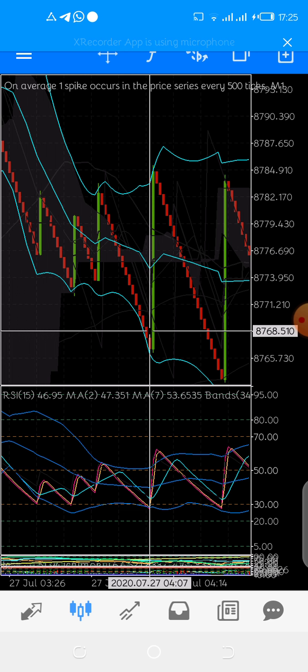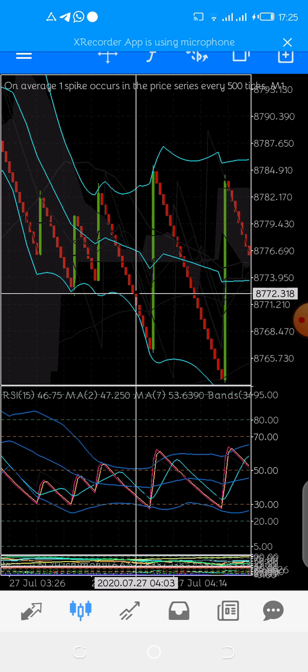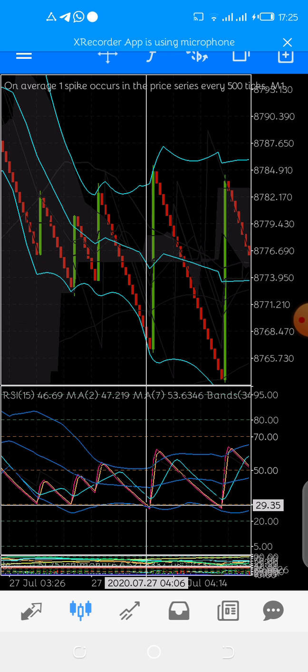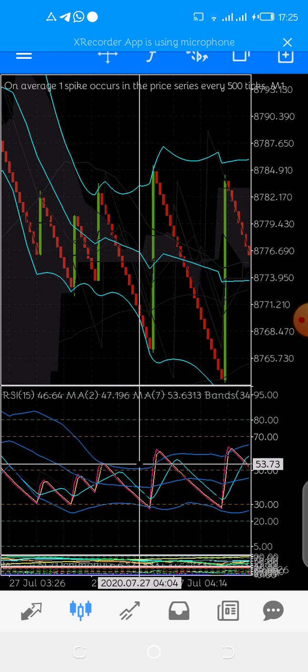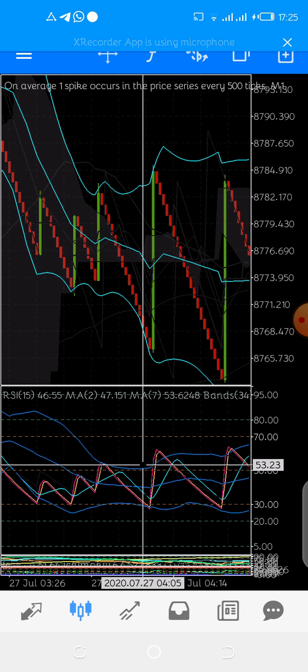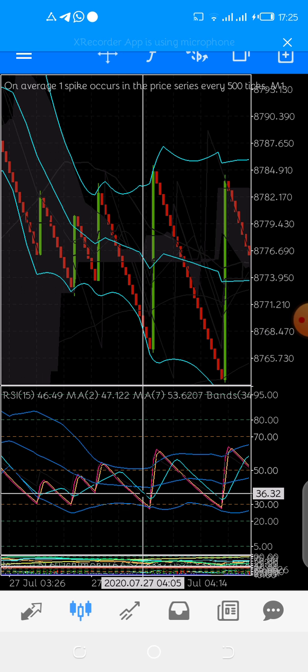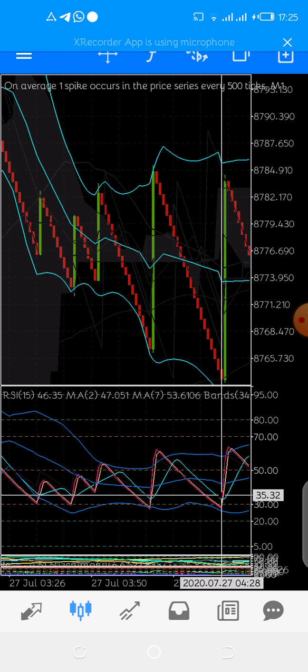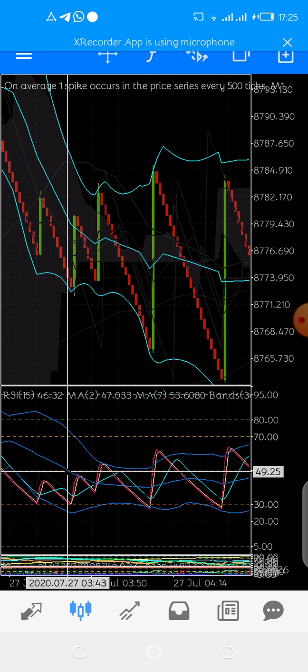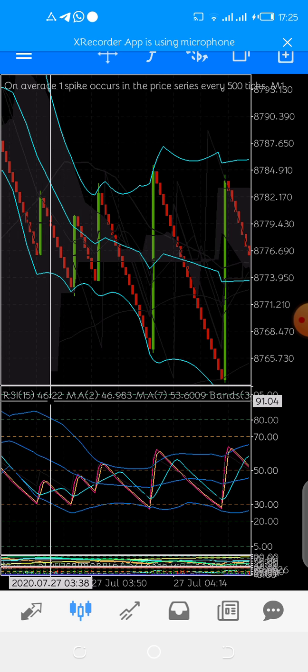It touched the lower Bollinger Band and it spiked. Anytime you have something like this, where the middle Bollinger Band, the lower and the upper are in a straight line, not like here, which is a bit distorted, even here it's kind of slanting.